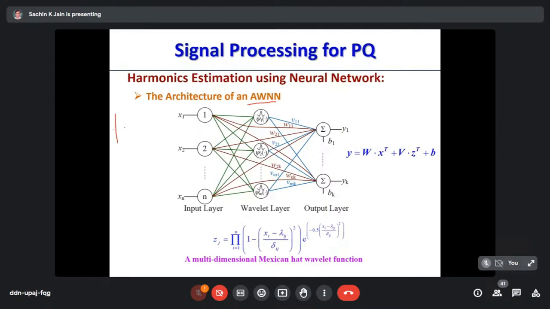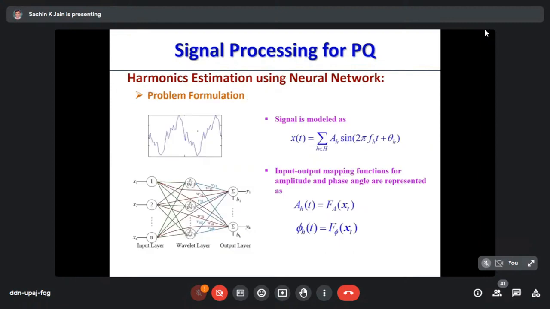If this is your input signal, we can provide these sampled signals as an input. And based on these input signals, it will provide you what is your fundamental component, what is the amplitude of the first component. It is represented like this. So for training purposes, this is the problem formulation.